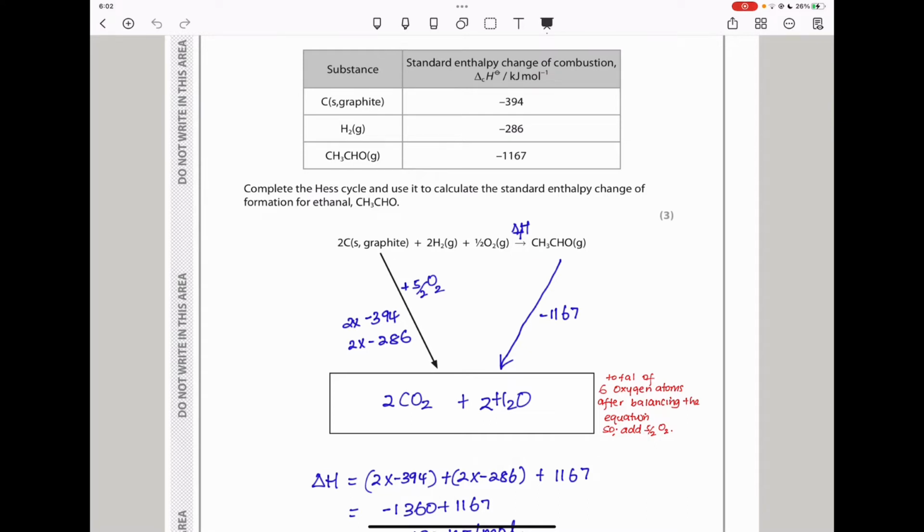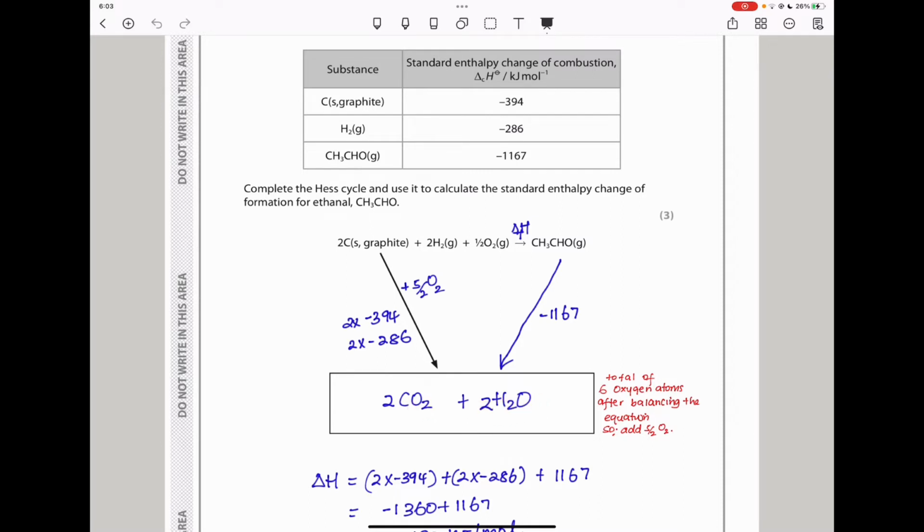The carbons are 2. Oxygens have to be balanced by the oxygen that is going to be supplied here. On the other side, we have 2 carbons here, so they end up here. And then we have 4 hydrogens, they end up here. And we have a half oxygen. So add up these, we form the oxygen that is going to be produced. Remember, in total, this is going to produce 4 oxygens, and that is going to produce 2.